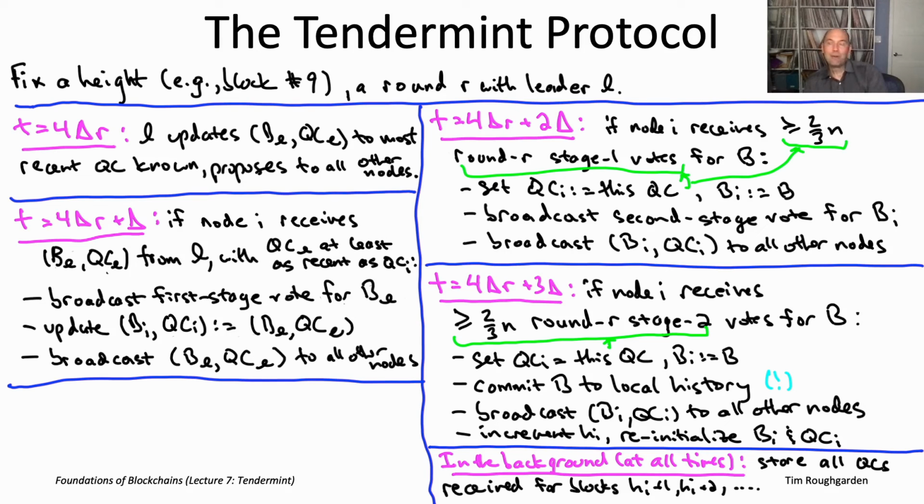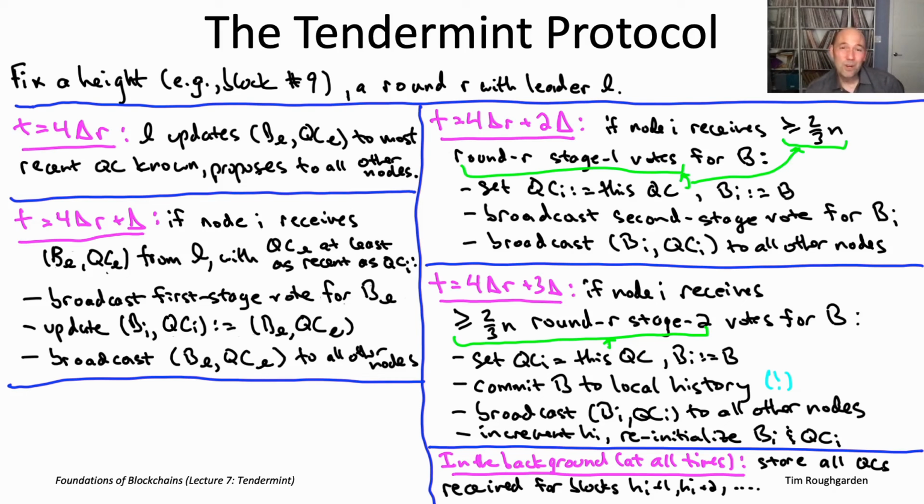Now, you weren't paying attention to block number 10 up until this point. You were really focused on block number 9. So you're going to enter round 118 with your local variables reset, reinitialized. Your locally stored QC is going to be equal to null. Your locally stored block is just going to be equal to all the transactions that you know about that haven't been included in one of the first 9 blocks.